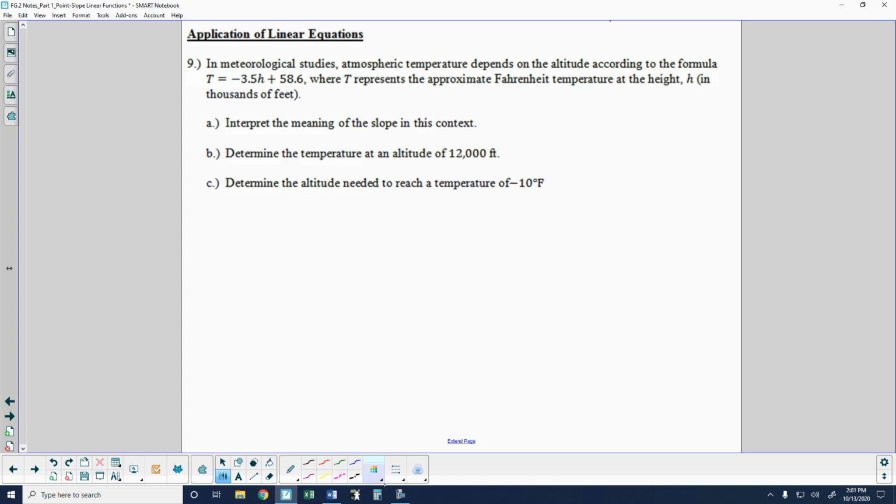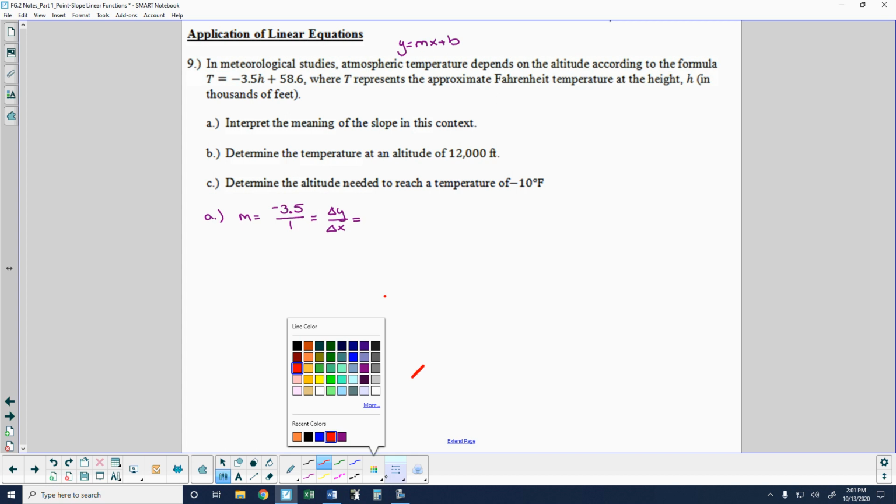So remember, this is in the form of slope-intercept form, y equals mx plus b. So in this case, that means the slope is negative 3.5, or if we wanted that in a fraction, negative 3.5 over 1. The reason I'm going to write this as negative 3.5 over 1 is, remember, this is the change in the y's over the change in the x's.